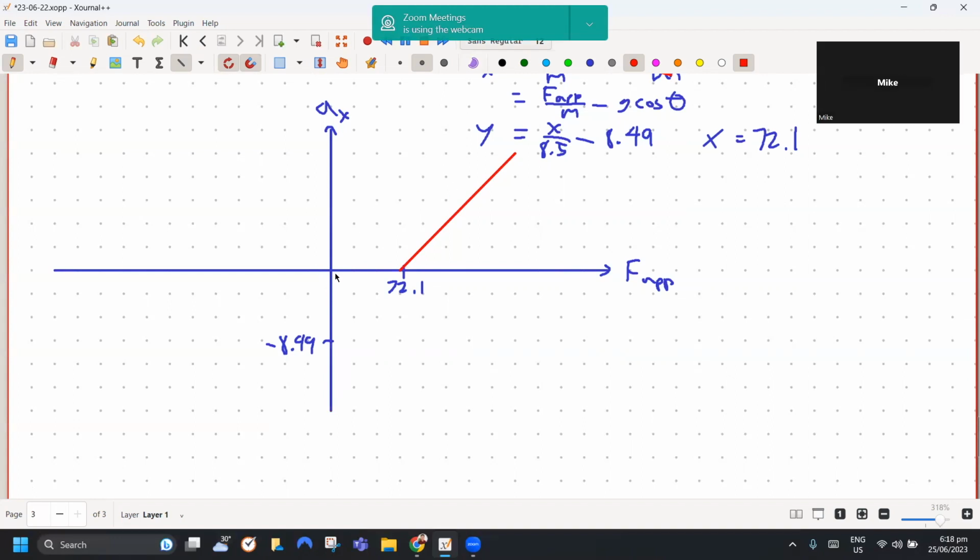Nag-accelerate na siya, not included. Wait, bakit ganyan? Function of F applied yan, di ba? When F applied is 30, ano yung acceleration? 0. When F applied is 10, ano yung acceleration? So, 0. Yan, yung graph na yan ay, when F applied is 0, infinitely many possible accelerations.